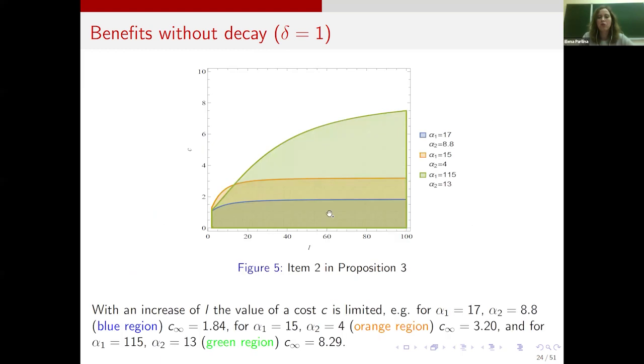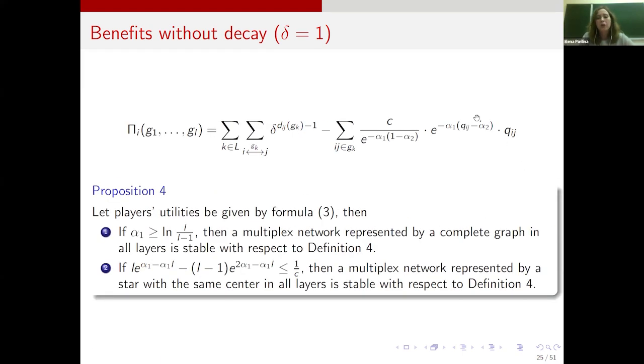So when we have an exponentially decreasing function, sometimes we can obtain this network as stable if this condition is satisfied. As you see, it is interesting that this condition involves only the alpha 1 parameter, and alpha 2 is not involved here.